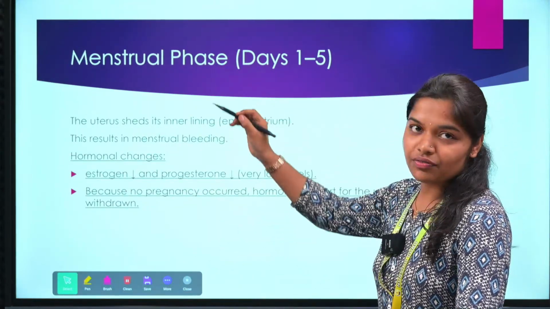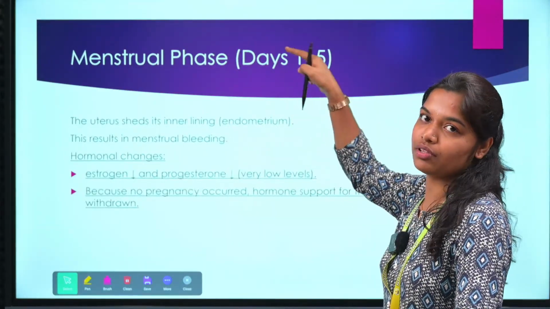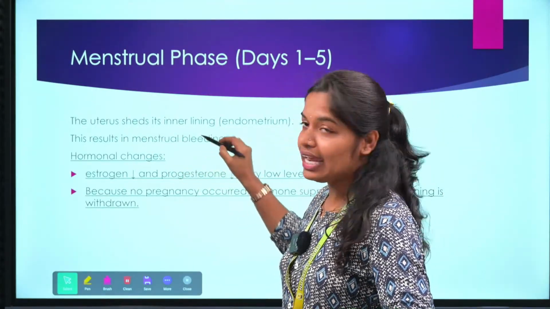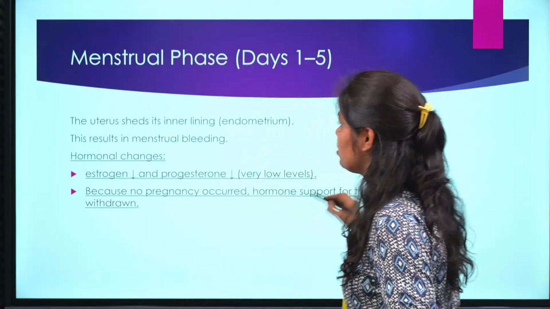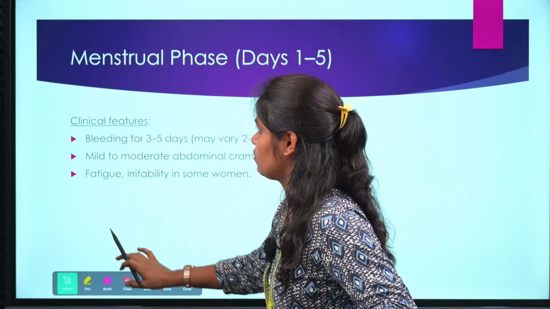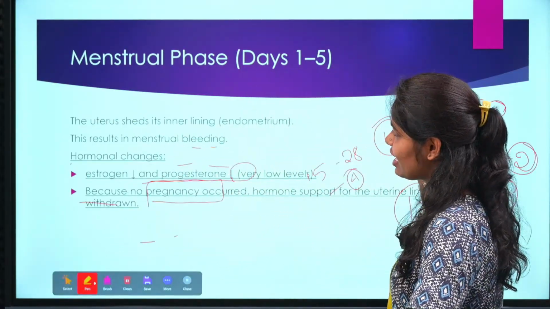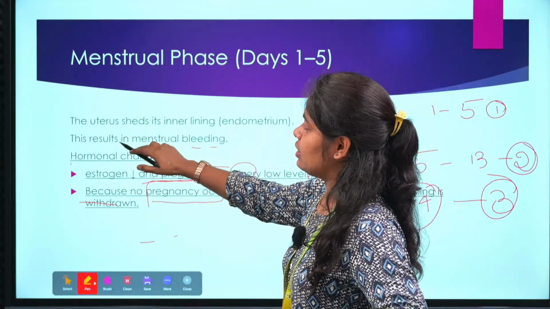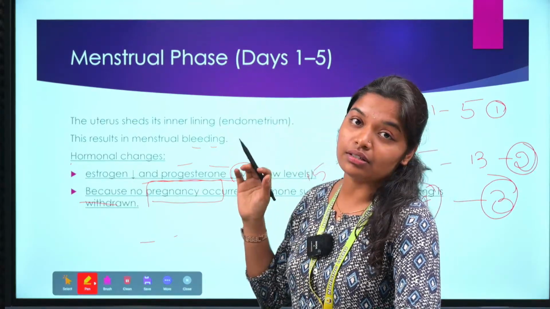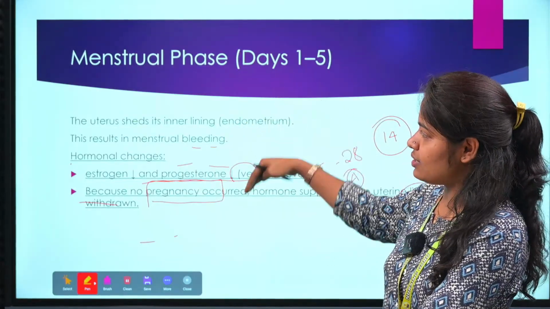The first phase is the menstruation phase, from the first day of the menstruation to the 5th day. Here the uterus sheds its inner lining. If fertilization does not occur, the menstruation phase is going to happen.